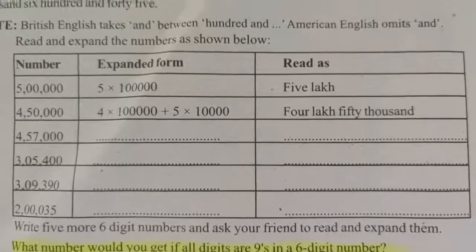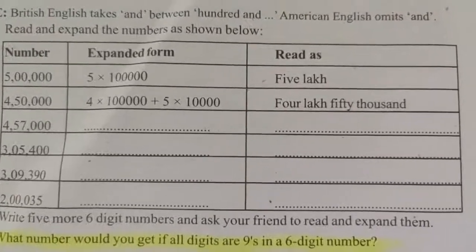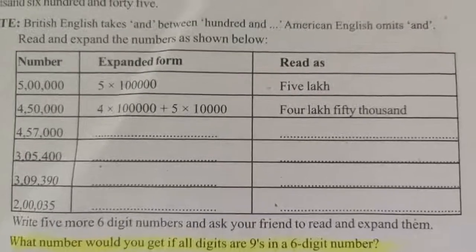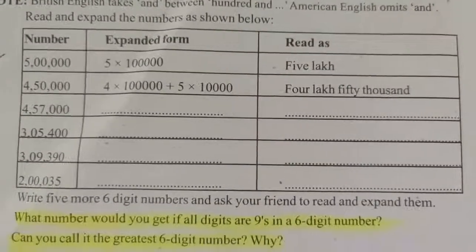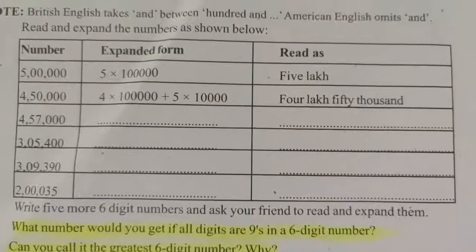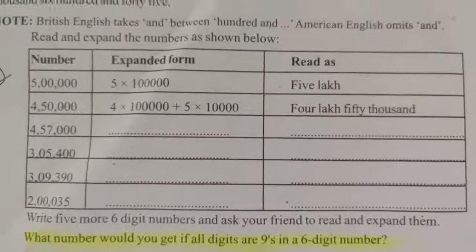First one, 5 lakh. We can write it as 5 lakh. Second sum also is there, and do them as practice work. Can you do it then? That's very good. You complete the remaining table.